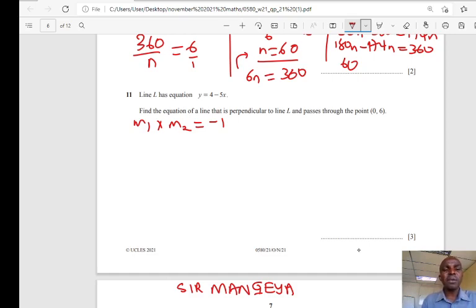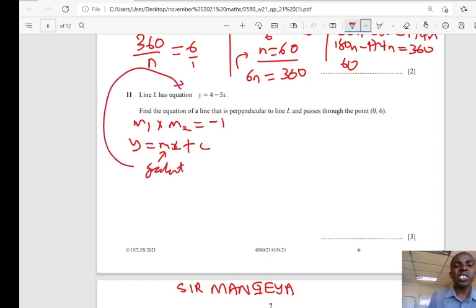Now, I want to find the equation of a line that is perpendicular to line L. First thing, you must find the gradient. For the gradient of a line, you say y is equal to mx plus c. M is the gradient. So you just express this equation in this form. It's already in that form. So it will be y is equal to negative 5x plus 4. So it means the gradient of L is negative 5, right?